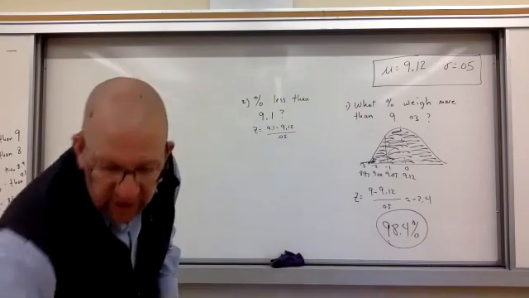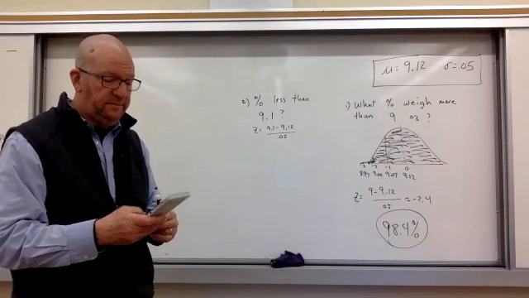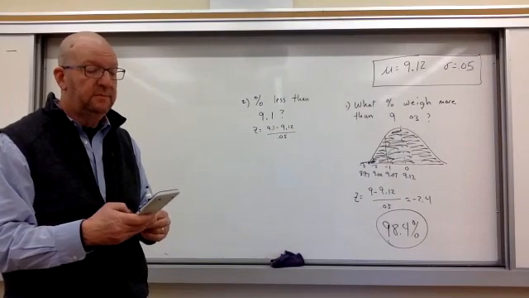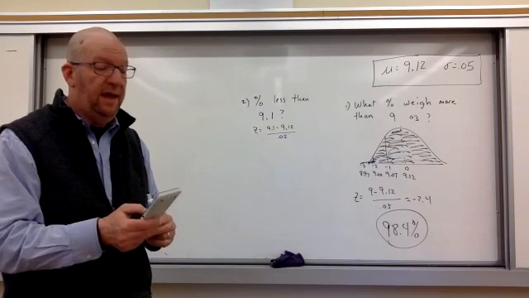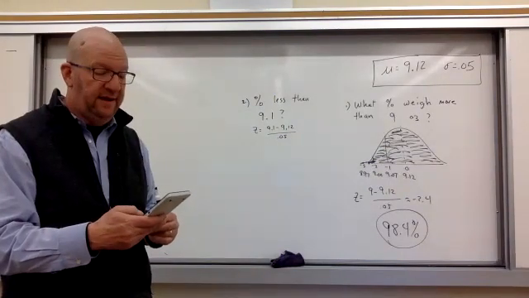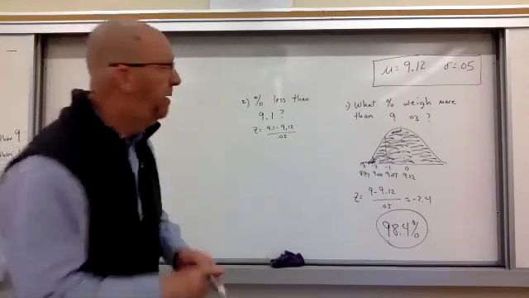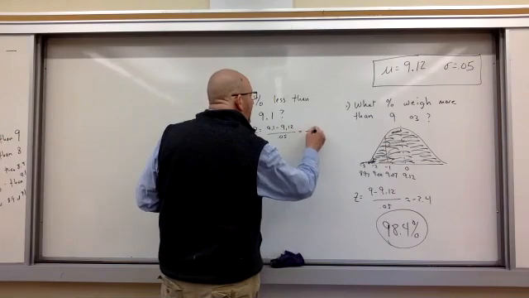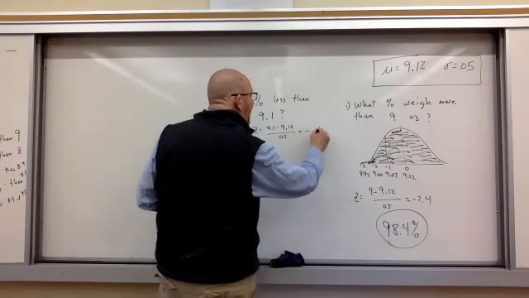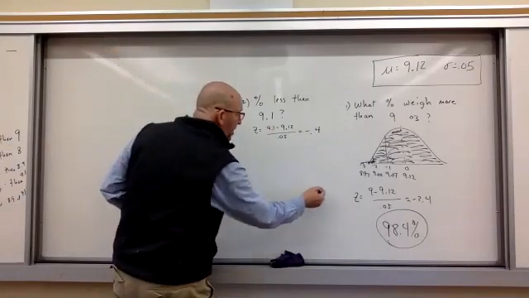So again, I'll calculate that z-score on my calculator. And we get, should be negative, right? -0.4. Now, where is that? Well, that's almost half a standard deviation below the mean.